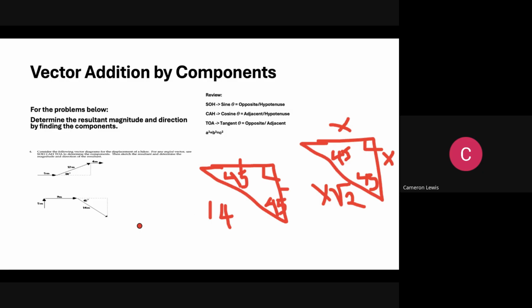So I just take this root 2 and I divide 14 by it. So really you just do 14 divided by root 2. Now, that's not the proper mathematical way. I'm not going to lie to you, but I'm not going to spend too much time on that. So on your calculator, just do 14 and then divide it by root 2.